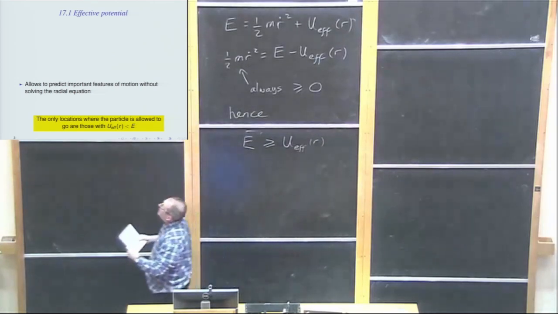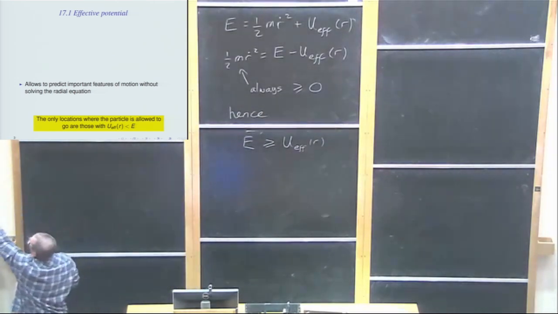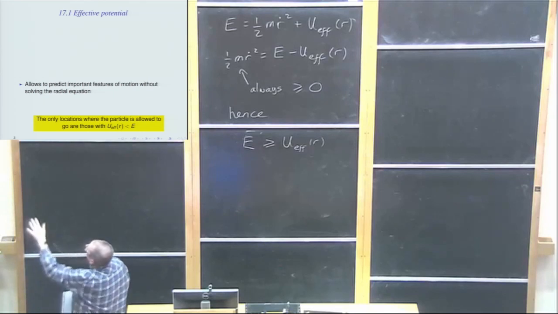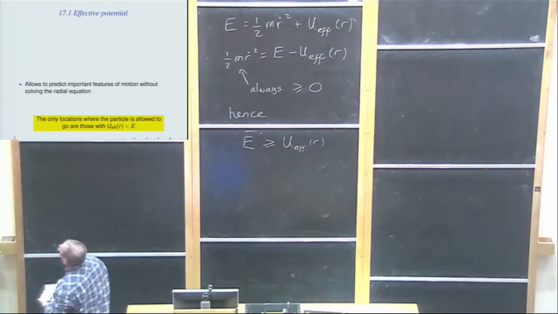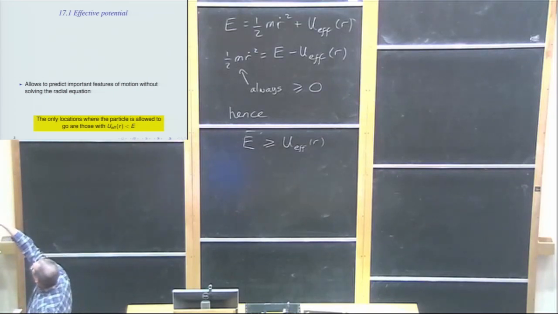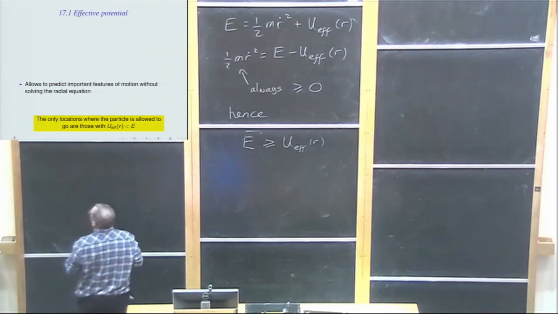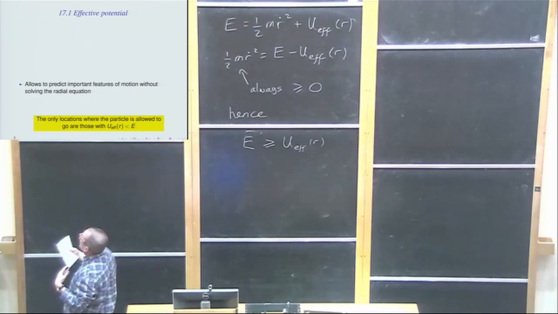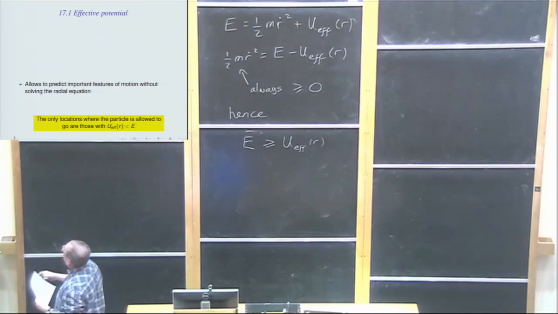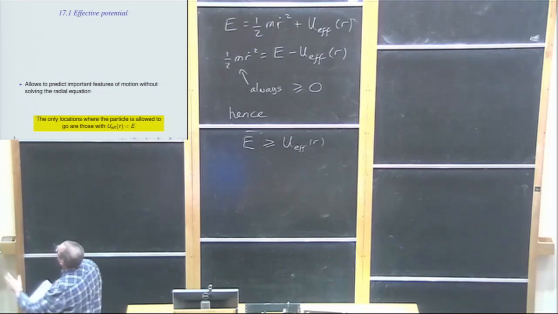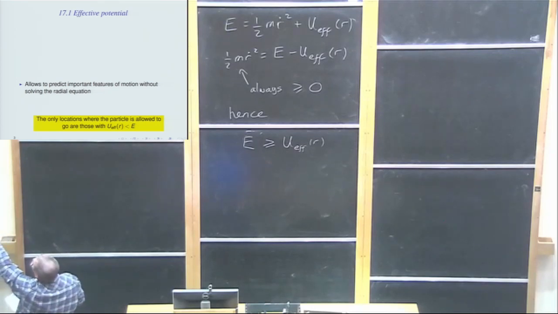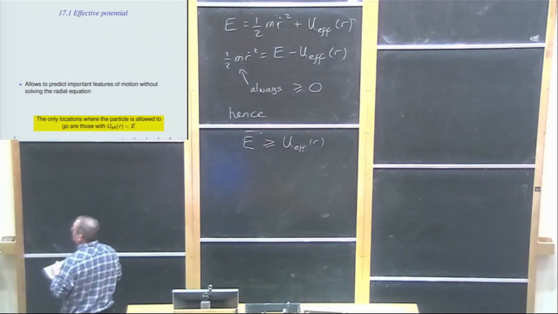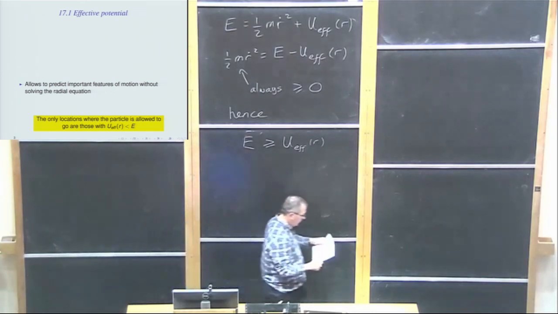So we get this statement on the bottom of the slide here. Okay, I just said less than. I've neglected the special case when it's equal to. But it means that if we're considering possible solutions to a problem where motion can occur, motion can only occur for the cases that the effective potential is less than the energy, less than or equal to.